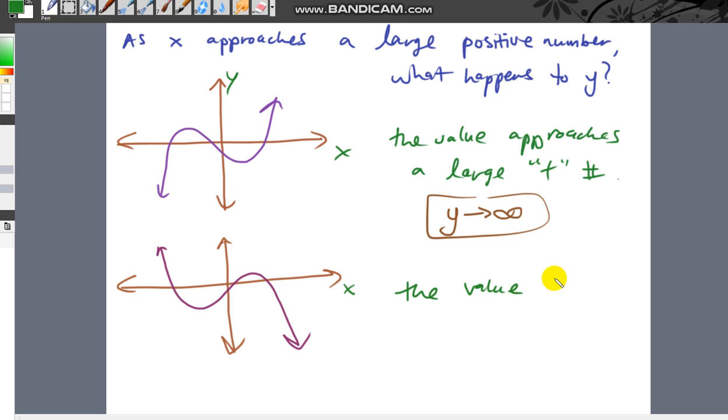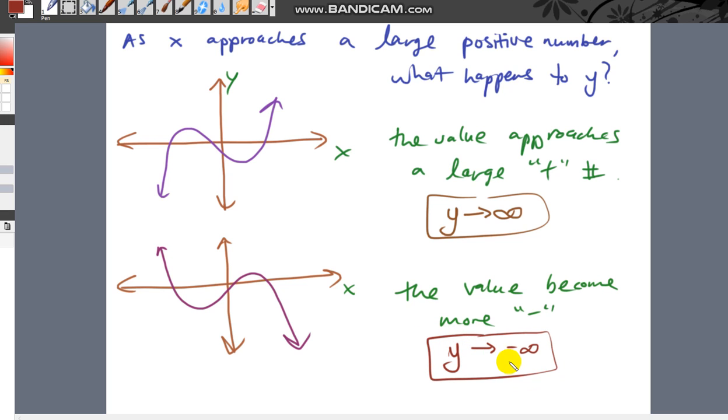The value would become more negative, because as x gets really large, the y value is getting more and more negative. So in math notation, this is denoted as y is approaching negative infinity. So that's what that would look like.